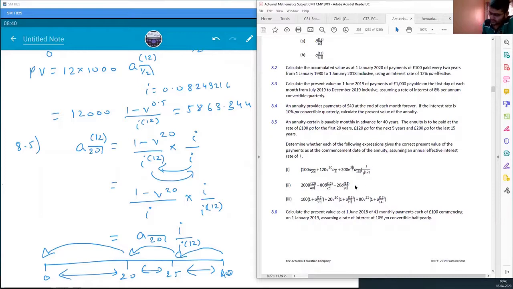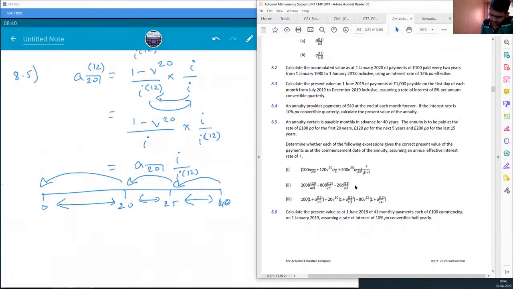So what should our formula be? Our formula should be 100 A20 payable 12 times, plus 120 V raised to 20 A5 payable 12 times, plus 200 V raised to 25 A15 payable 12 times.